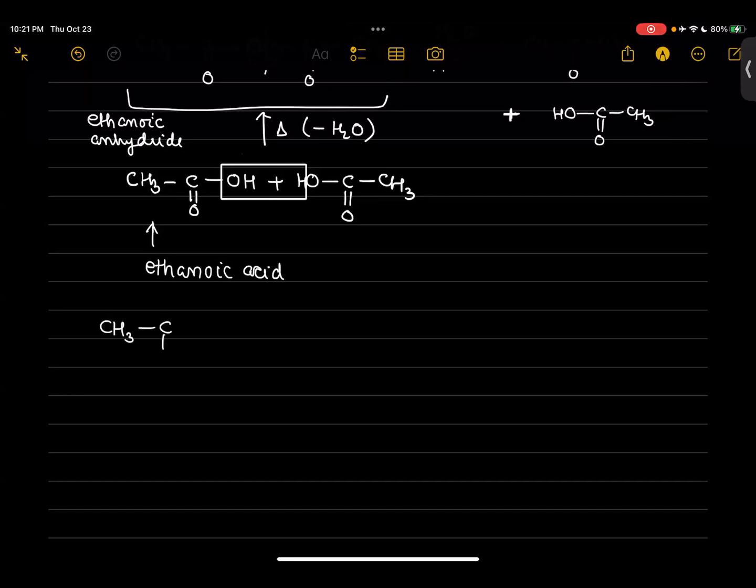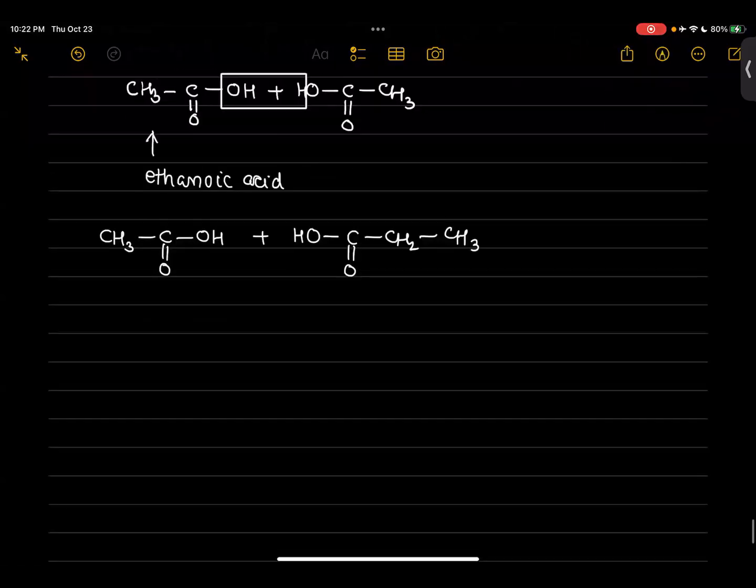Suppose you take CH3COOH and another acid. What is the name of the parent acids?